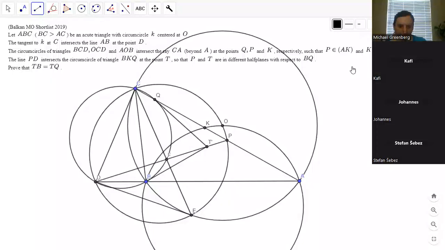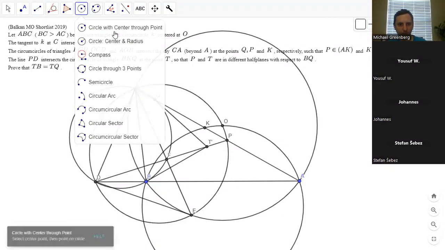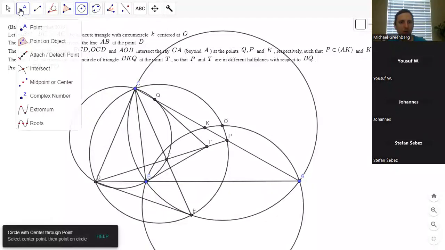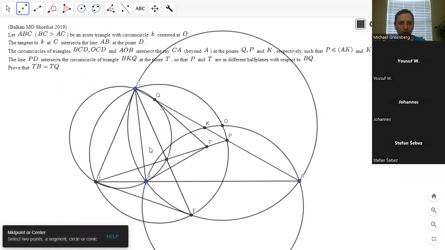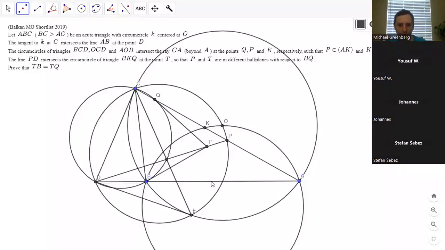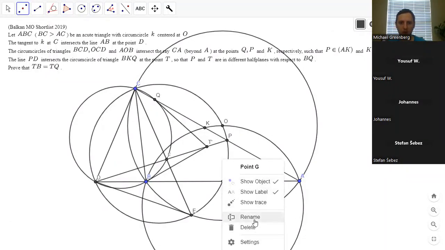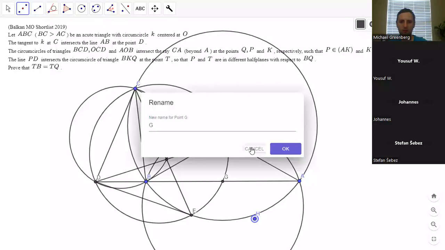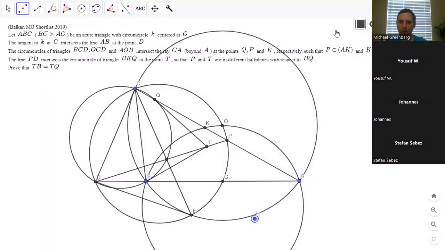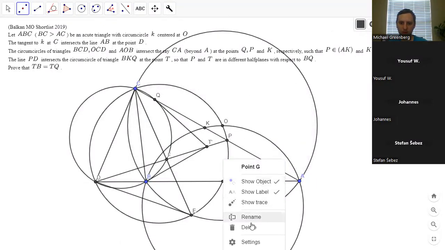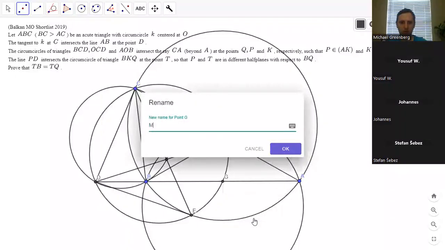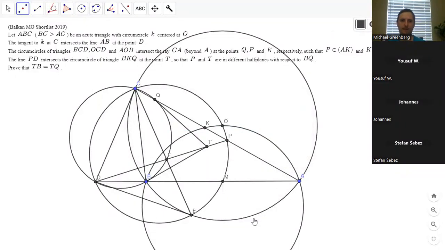Okay, so can we let M be the midpoint of BC? Sorry, AB. So yeah, it's going to lie on the circle because OCD, OED is 90.